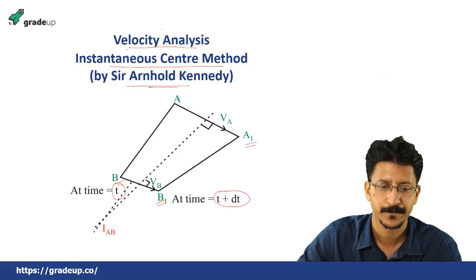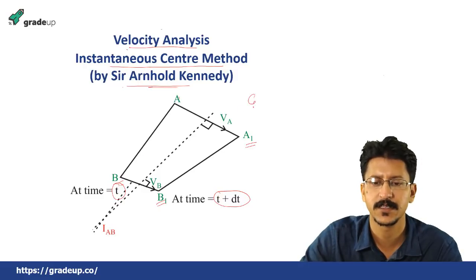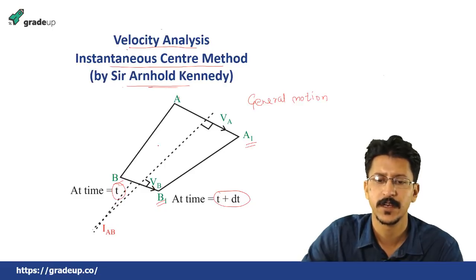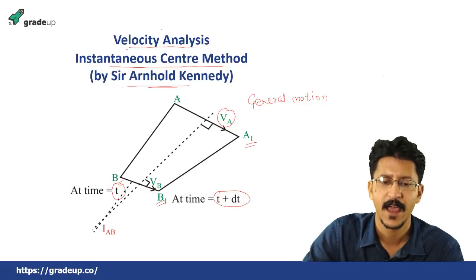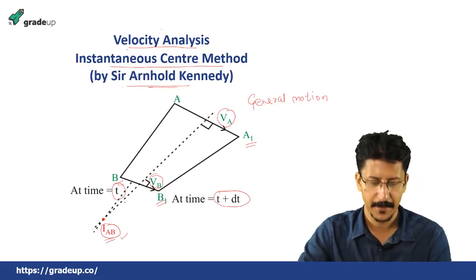This point A is moving with a velocity of VA, and this point B is moving with a velocity of VB, and they are rotating about this point, that is I_AB.